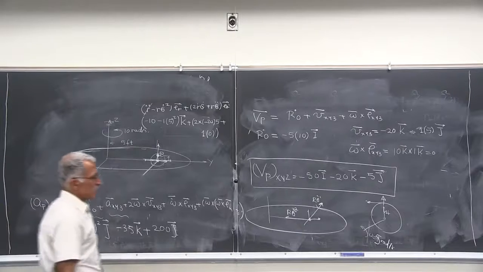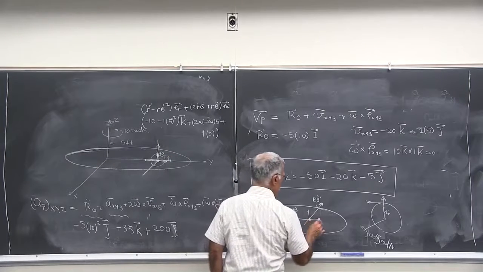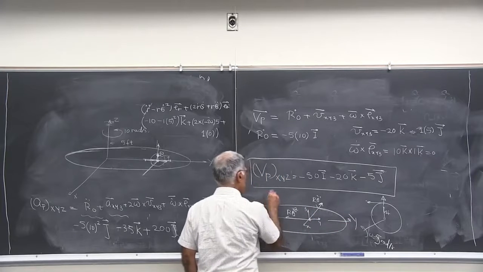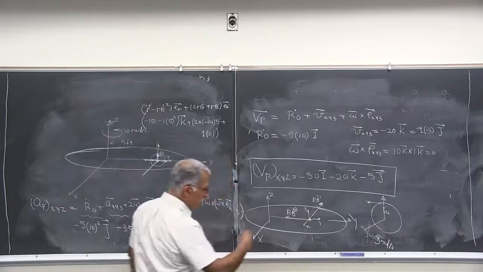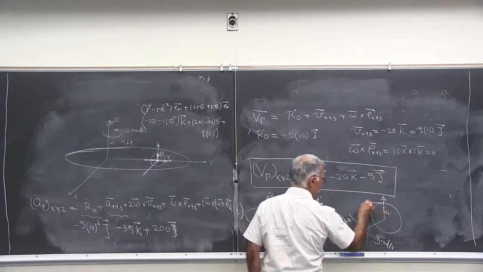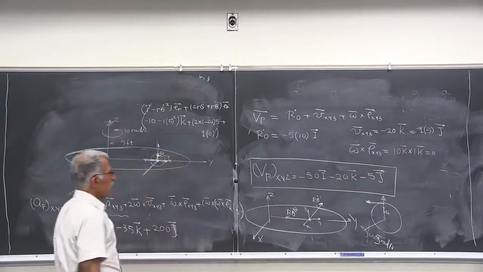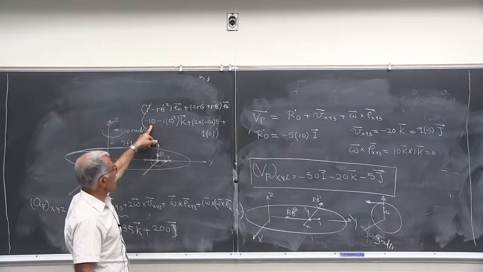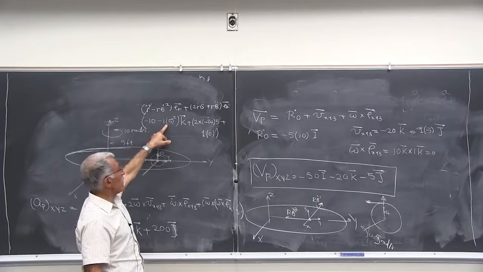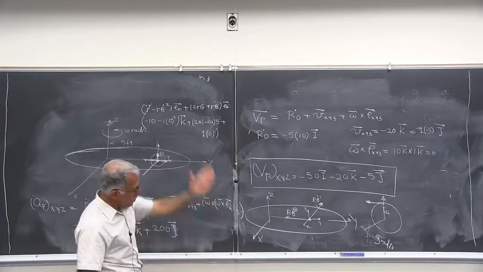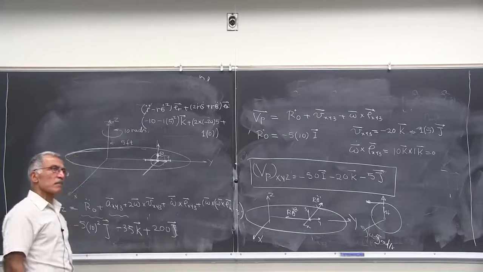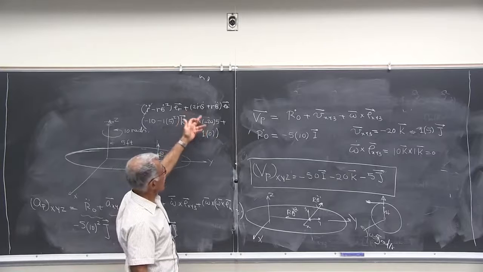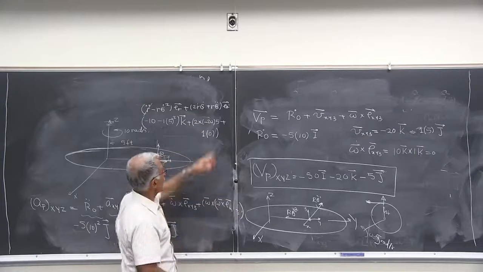So your e theta at this instance, this is your x, this is your y, and this is your z, and this is capital Y, capital Z, capital X. Your e theta, the direction of rotation, happens in the direction of capital J. So your acceleration is equal to r double dot, which is minus 10, r theta dot square, 1, 5 square, and your er at this instance is in the capital K. Plus 2r dot is minus 20, theta dot is 5 radian per second.